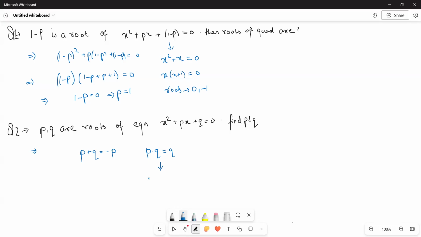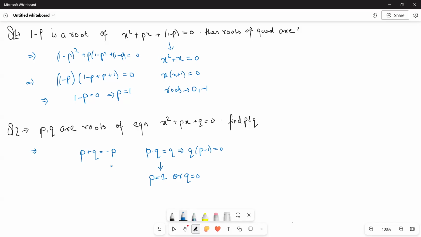There are two possibilities. Either p is equal to 1 or q is equal to 0. This equation would be written as q taken common, p minus 1 is equal to 0. So the product of two factors is 0, so either of them is 0. So two possibilities, either p is 1 or q is 0.